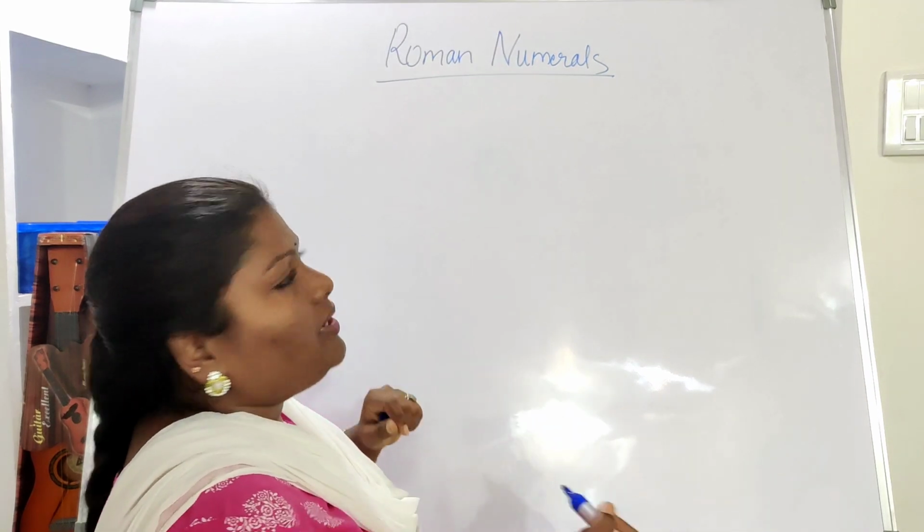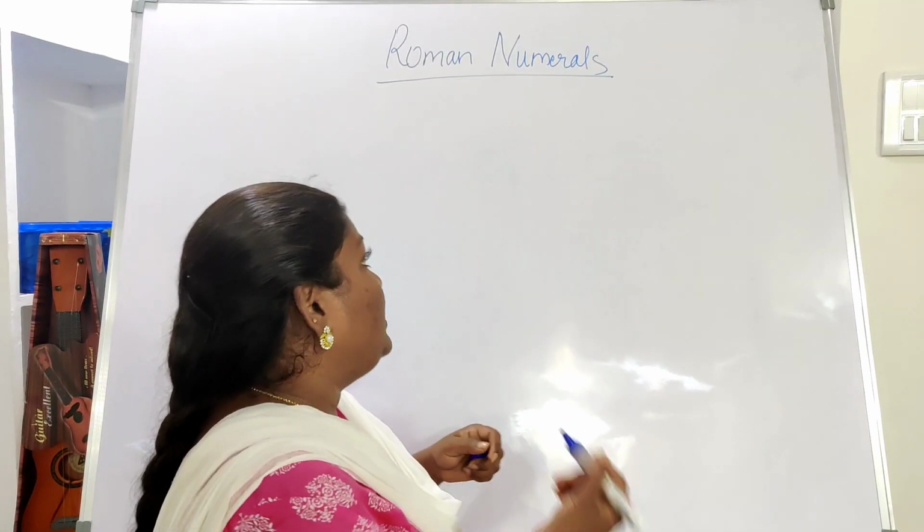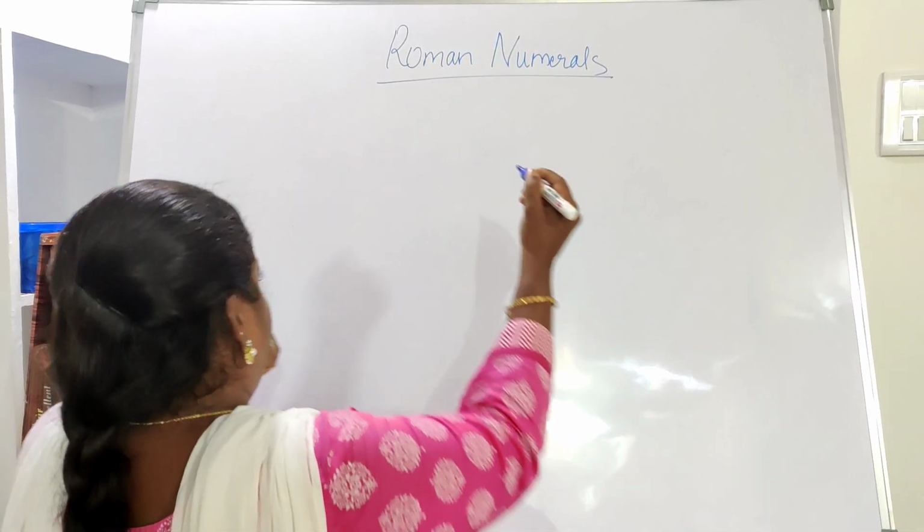Instead of numbers, they used symbols, English alphabetical letters.